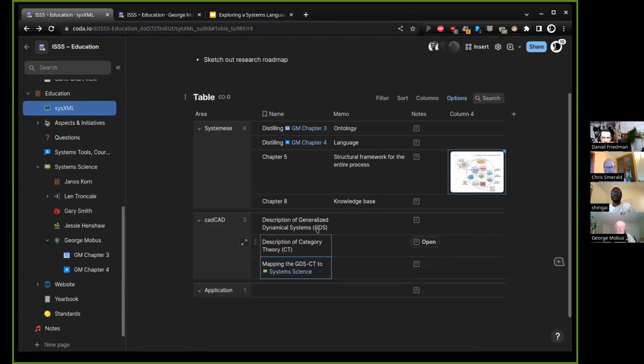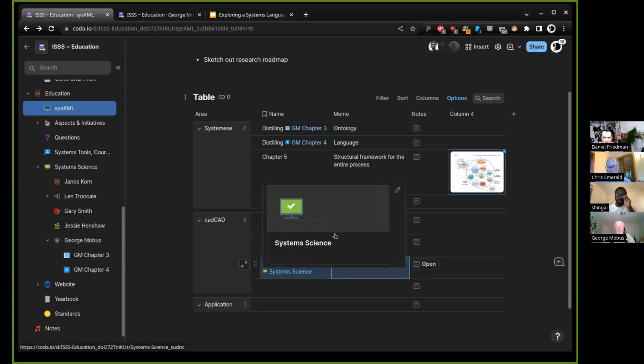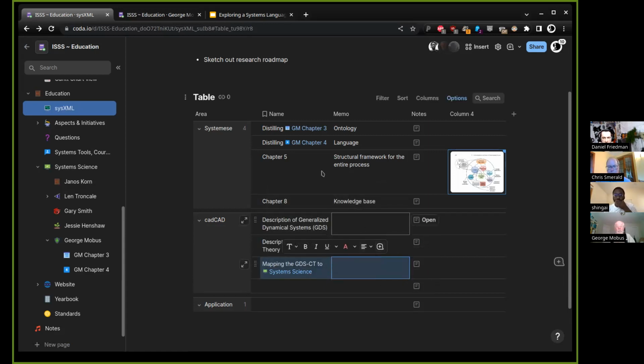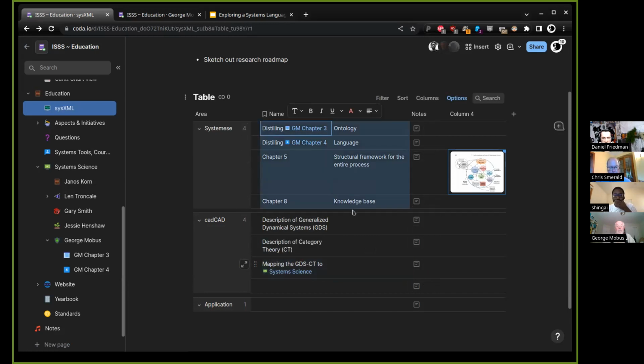Then with these 2, we can map specifications to each other. We'll be able to understand, are there things that we had distilled from 3, 4, 5, 8 that we don't feel like we can address within CAD-CAD?